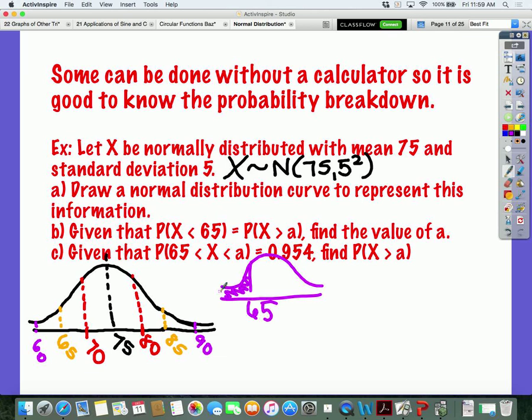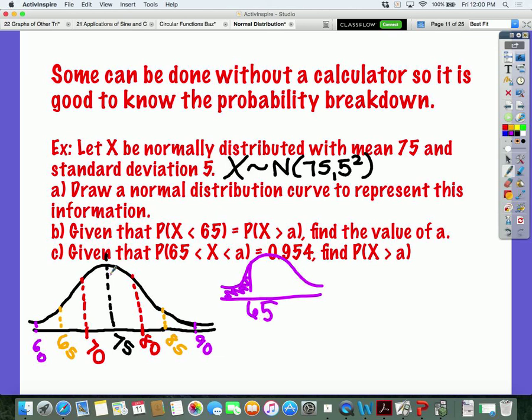Alright? But that was just in between here and here. We got these 47.5 was from 2 standard deviations to the mean, right? And then what about from the mean all the way to the end? How much is that? 50%. So if from here to here it's 47.5, and from here to here it's 50, how do you figure out this probability right here?